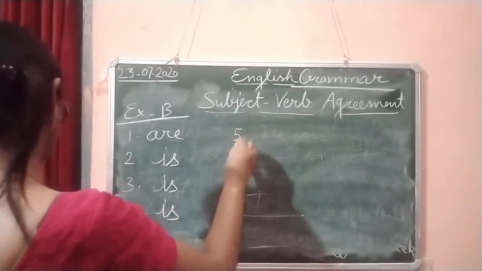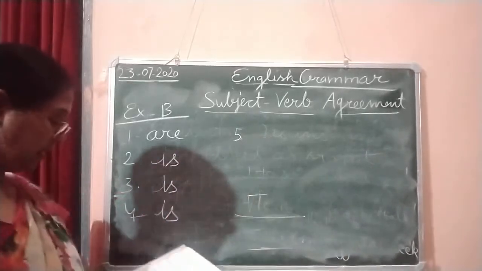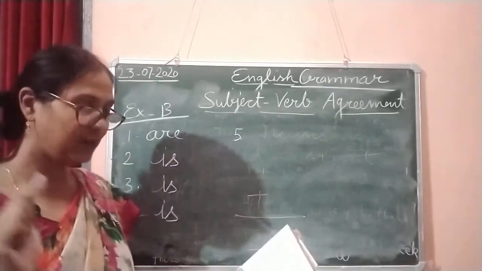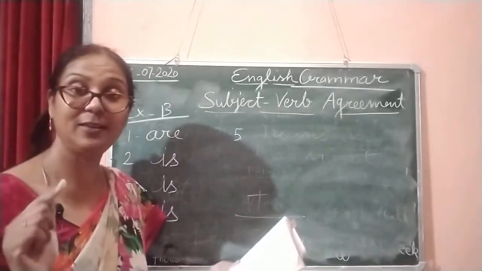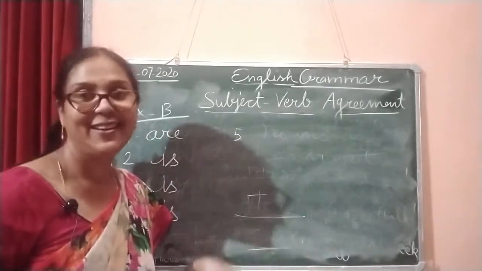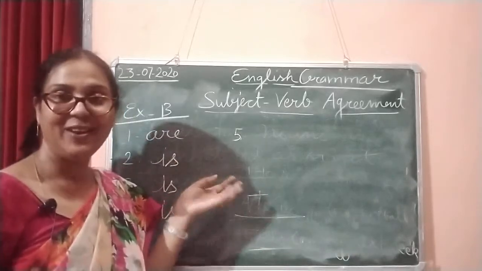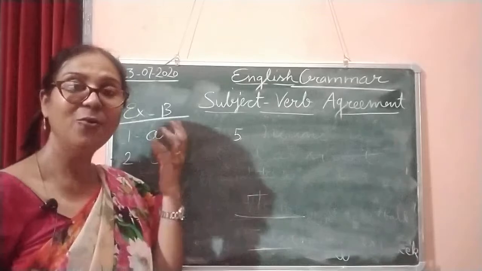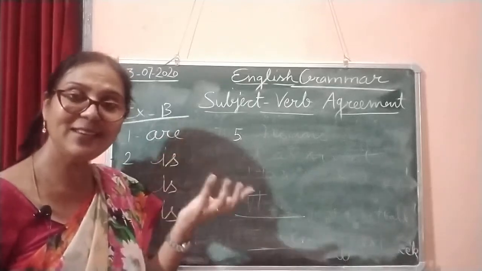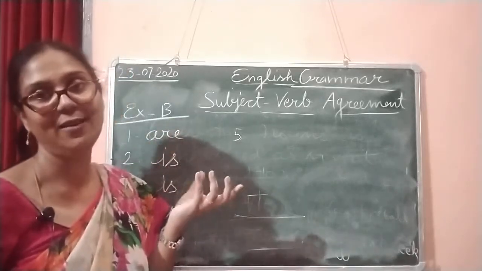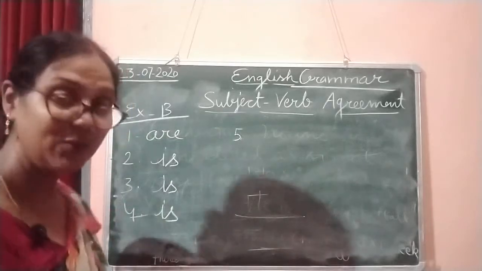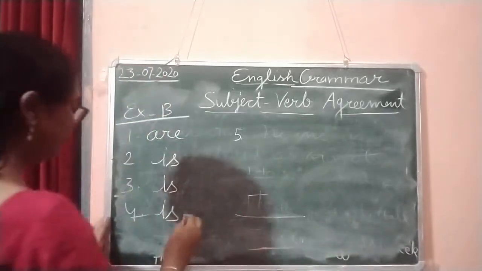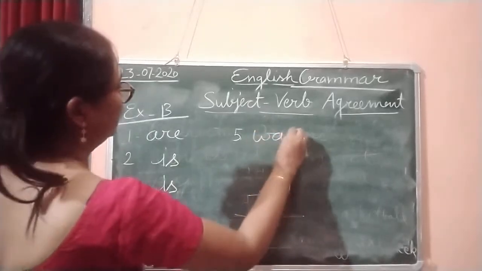Now fifth, a lot of money dash spent on social welfare project. We have read a few minutes before that amount of money, weight and distance are considered as singular. So here we are going to use a singular verb. So a lot of money was.